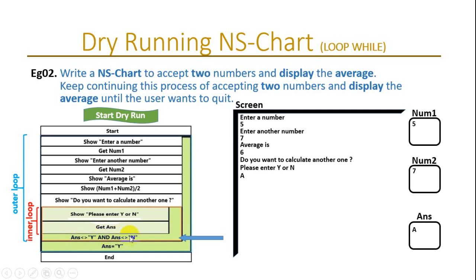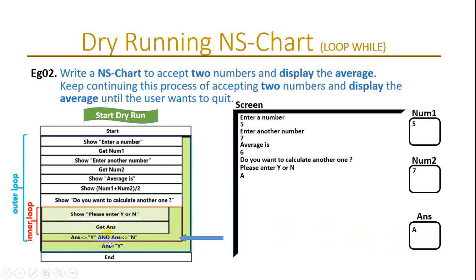This has to be true and this has to be true for the whole thing to become true. If this becomes true, it'll repeat, right? That's how the loop works. If the condition is true, it repeats. As long as the condition is true, it repeats. If the condition is false, it comes out. So in this case, let's see. Answer not equal to Y. Answer is A, not equal to Y, yes. So it says yes, right?